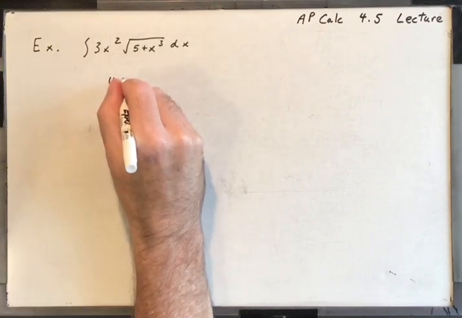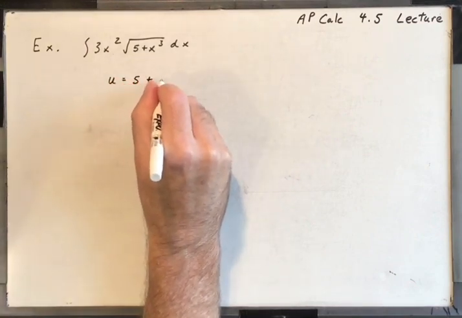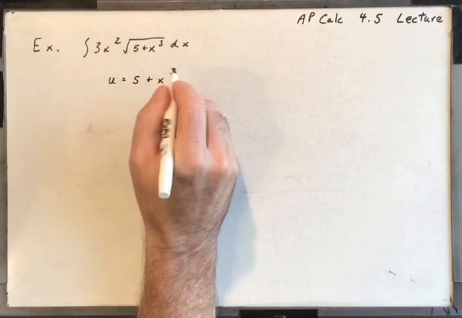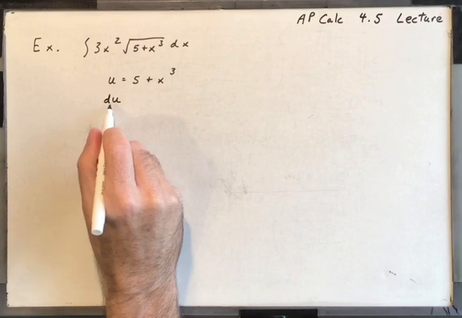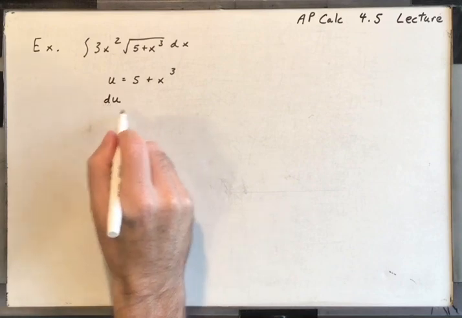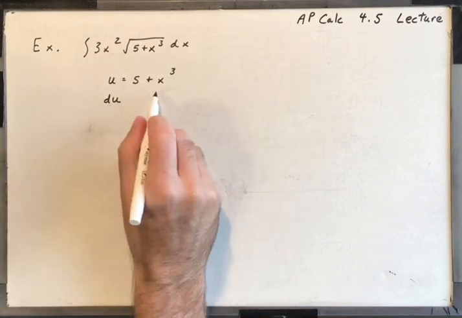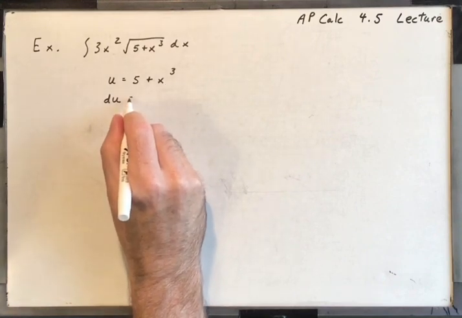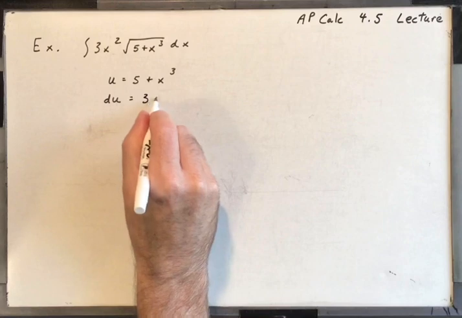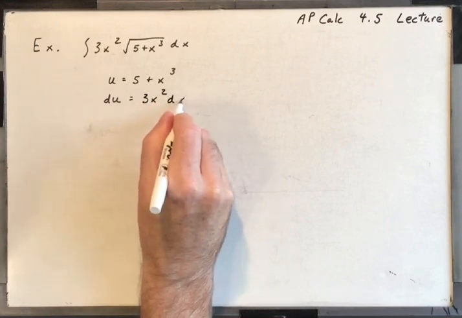Well, if we let u be 5 plus x cubed, then du. Now, in the last one, I put du over dx, and then I multiply both sides by dx. Let's skip that part and just go ahead and put it in terms of dx. So, what's the derivative of this? 3x squared dx.